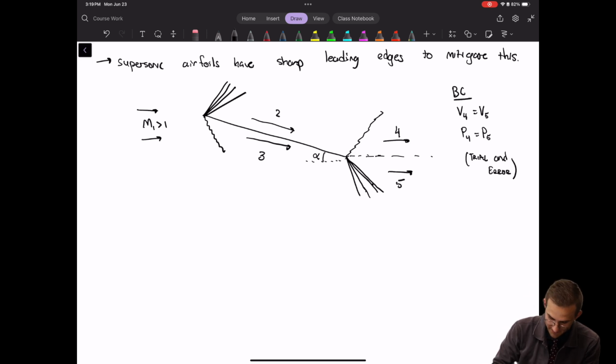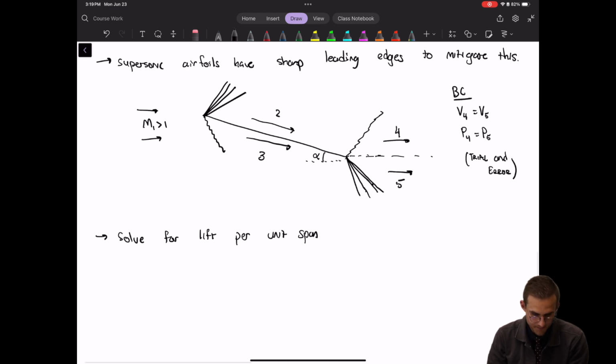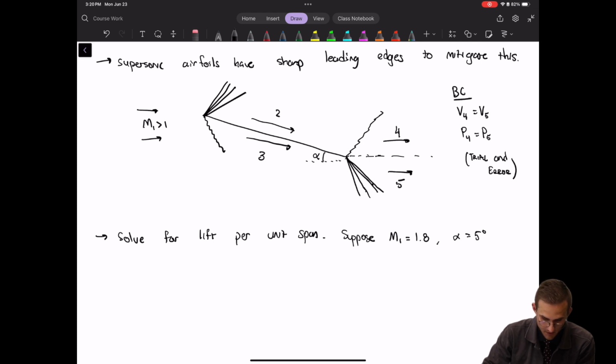So let's solve for the lift per unit span. Suppose M1 is equal to 1.8, and your angle of attack alpha is 5 degrees.